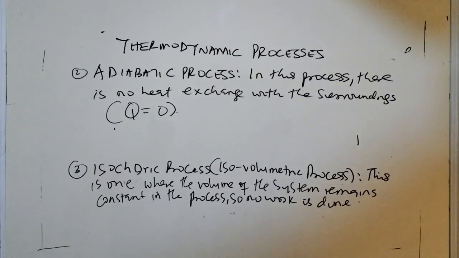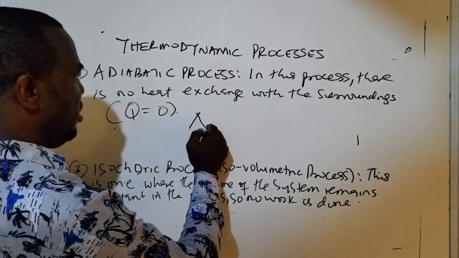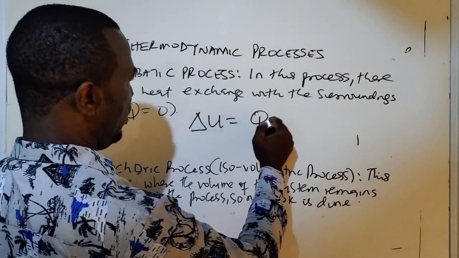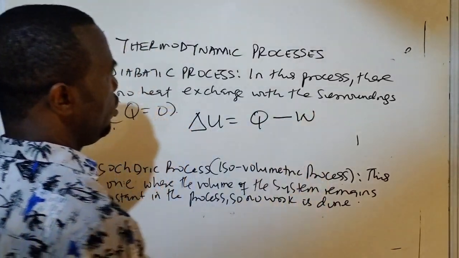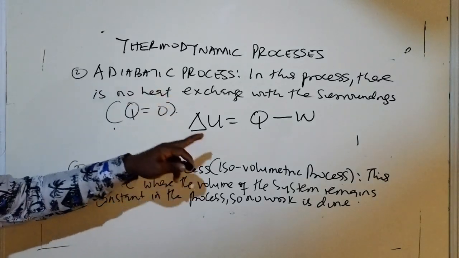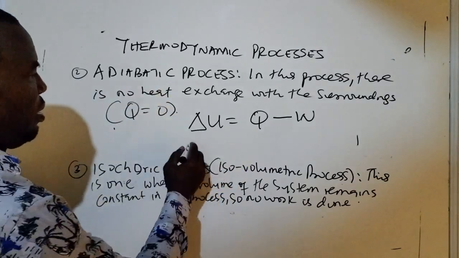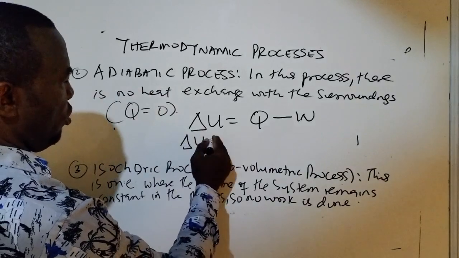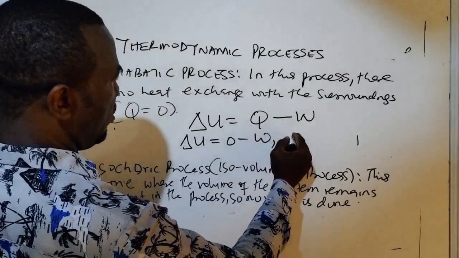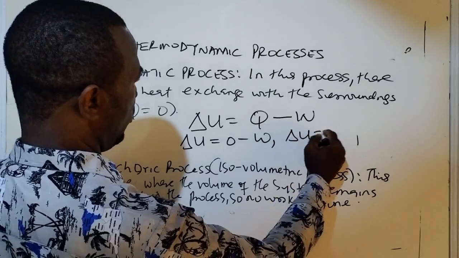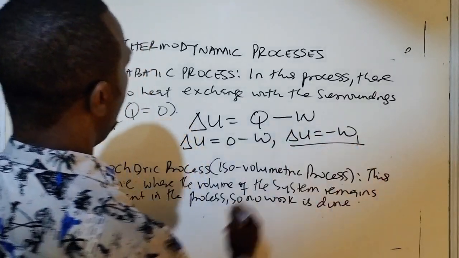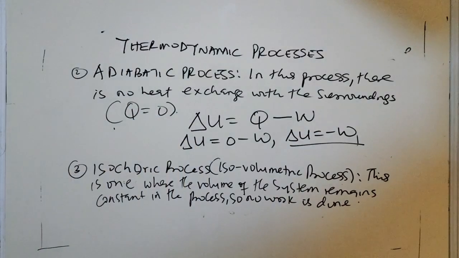Remember the first law that says the change in internal energy is given by quantity of heat minus work done. So for an adiabatic process, if Q is zero, it means that delta U equals 0 minus W. That means our change in internal energy becomes equal to the negative work for an adiabatic process.